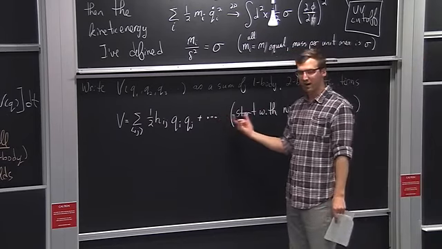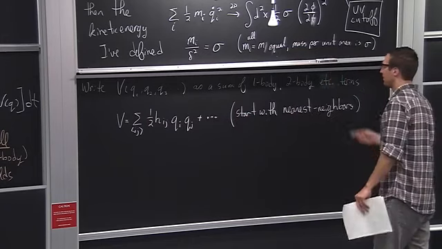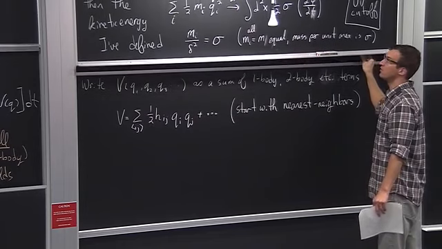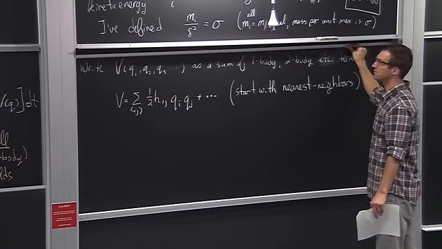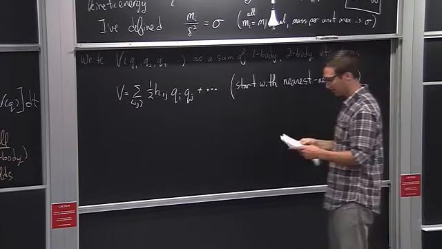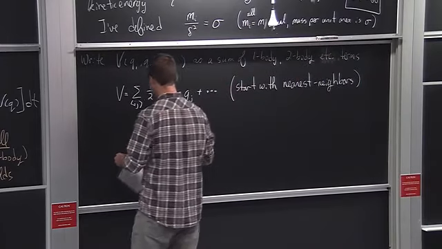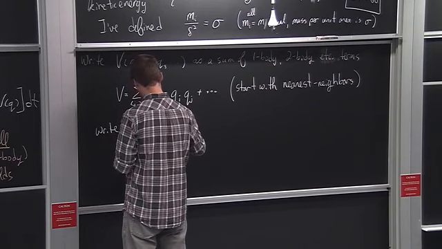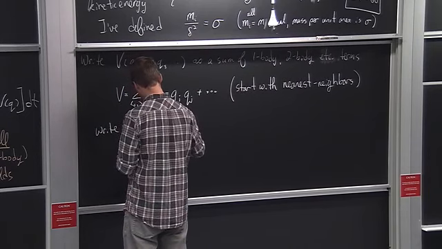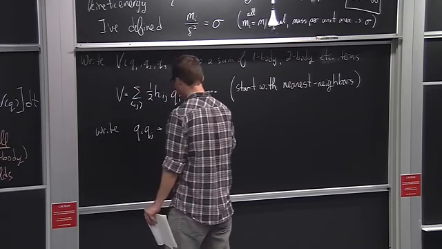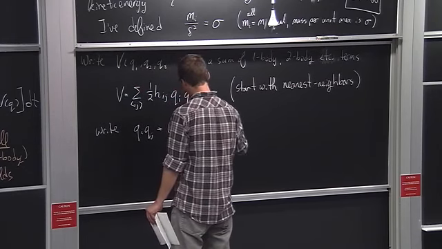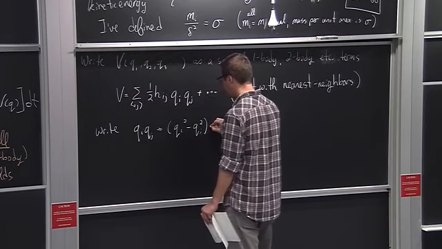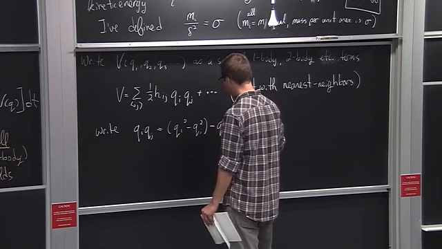And then you can imagine having higher order terms, again generally coming from the microscopics, or conversely the symmetry in the problem. Okay, so let me write this Qi dot Qj. There's Qi squared minus Qj squared. Q.